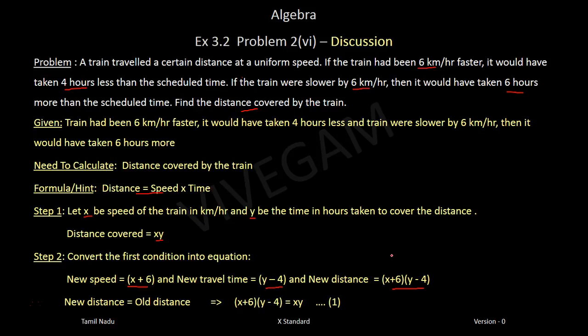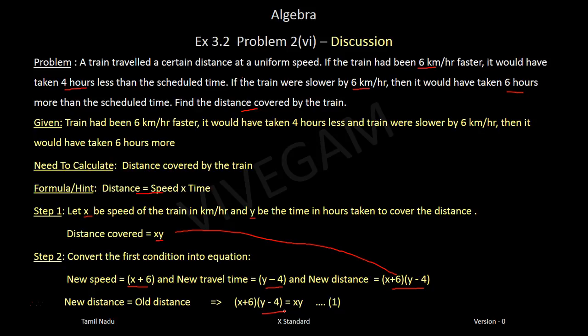So the new distance is the old distance, which means this is equal to this. That is, x plus 6 into y minus 4 is equal to the old distance, because distance does not change. So x plus 6 into y minus 4 equal to xy. Simplify this equation, you will get one linear equation.